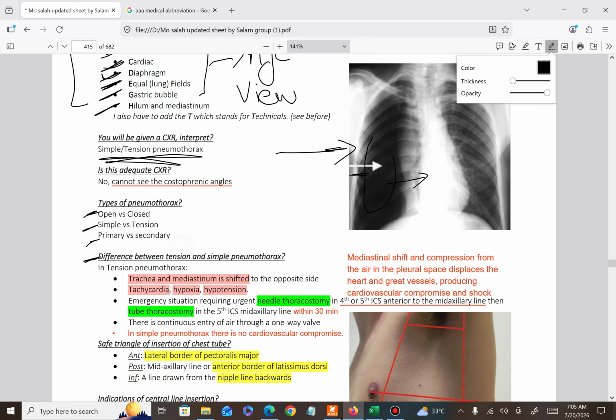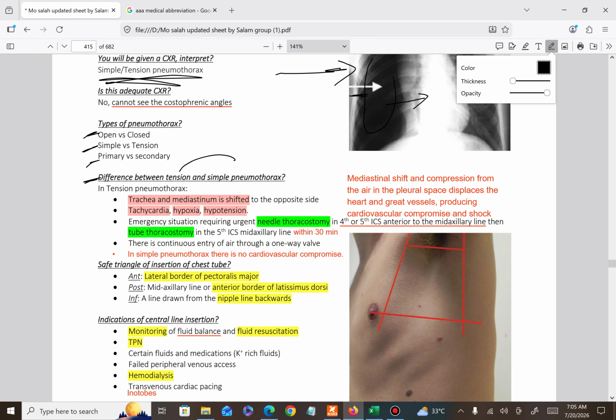Difference between the tension and simple pneumothorax. In tension pneumothorax, the trachea and mediastinum are shifted to the opposite side. There will be tachycardia, hypoxia and hypotension. Emergency situation will require urgent needle thoracostomy in the 4th or 5th intercostal space anterior to the mid-axillary line, then the tube thoracostomy in the 5th intercostal space mid-axillary line within 30 minutes.